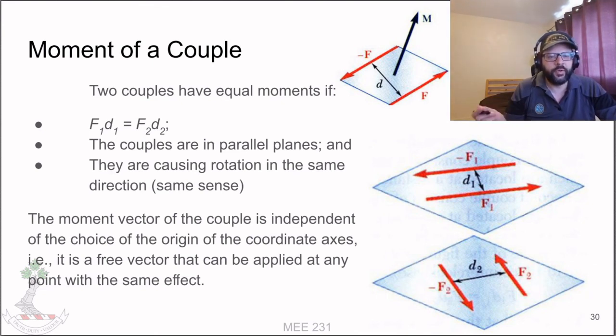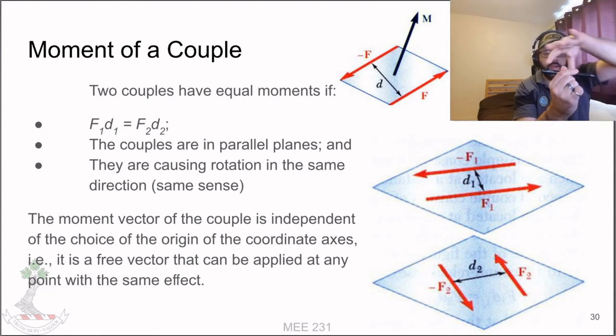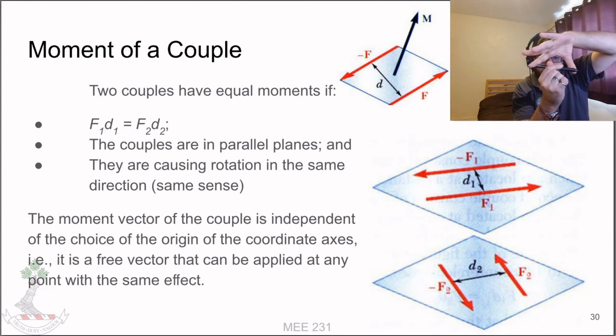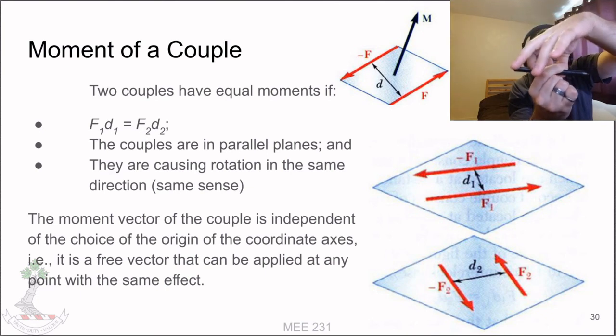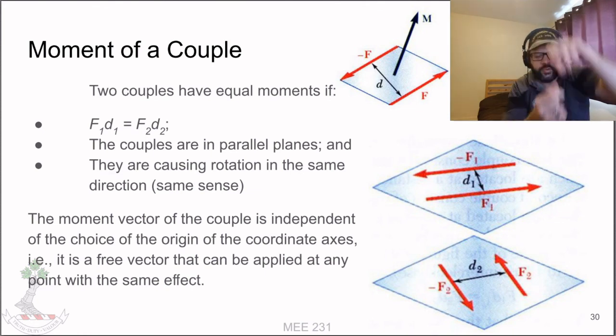If those two quantities are the same for different moments, then they're causing the same tendency to rotate. So if I've got my pen here and I'm applying a smaller force on the outside tips of the pen, then it's going to cause the same amount of rotation as if I was applying a larger force closer to the center.